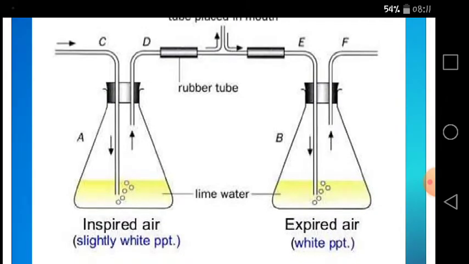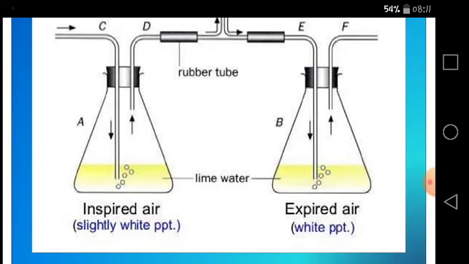The inspired air, while passing through the lime water in conical flask A, forms a slight white precipitate, while in conical flask B, through which the expired air was passing out, a thick white precipitate is formed.